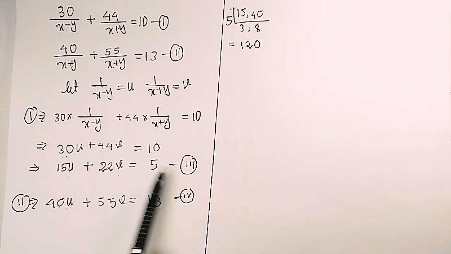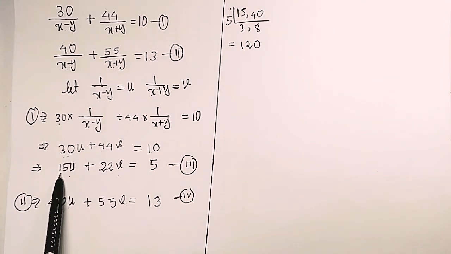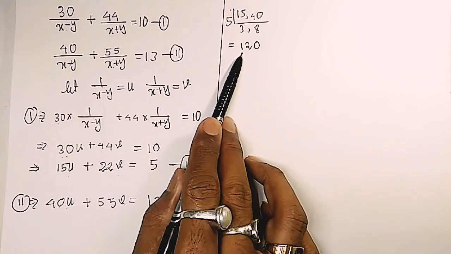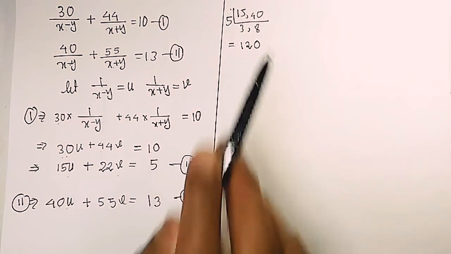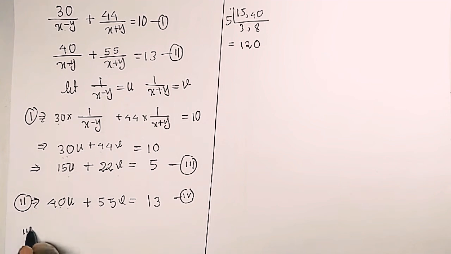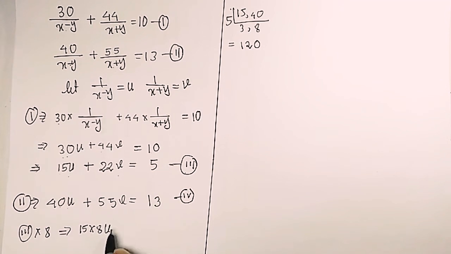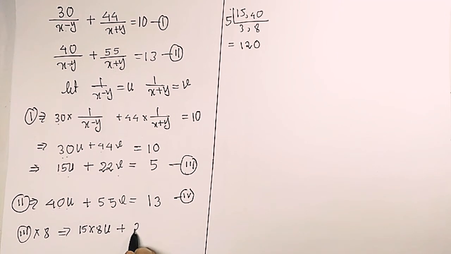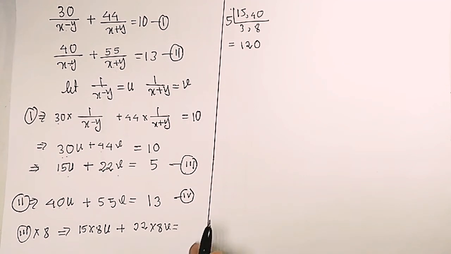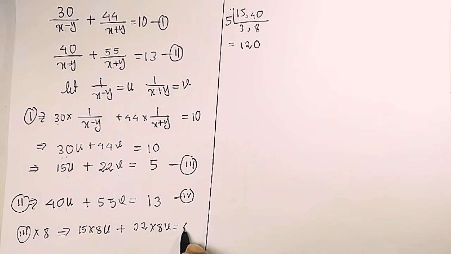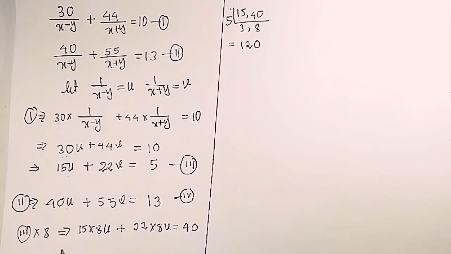In equation 3, the coefficient of u is 15 and the LCM is 120, so what number should we multiply by? 8. So equation 3 into 8 implies 15 into 8u plus 22 into 8v equals 8 into 5, which is 40.